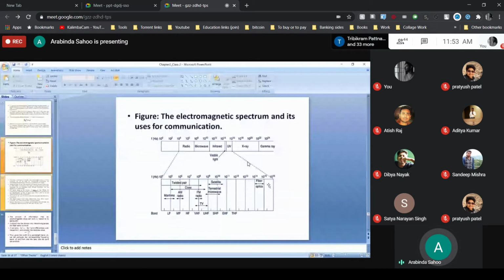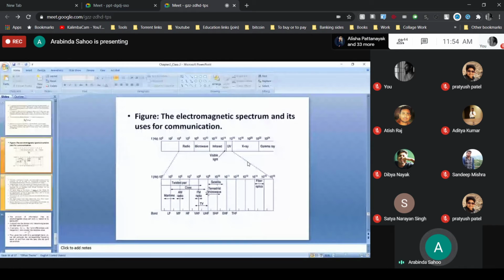So twisted pair normally uses a frequency range from 10 to the power 4 to around 10 to the power 8. Similarly, coaxial cable normally uses 10 to the power 5 to 10 to the power 9, around that.